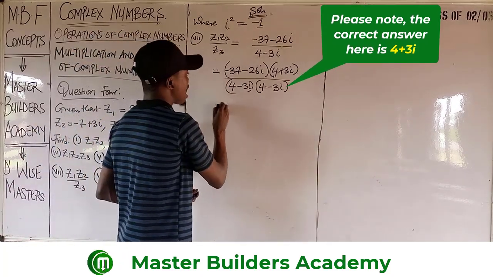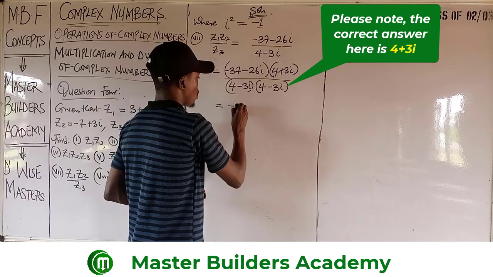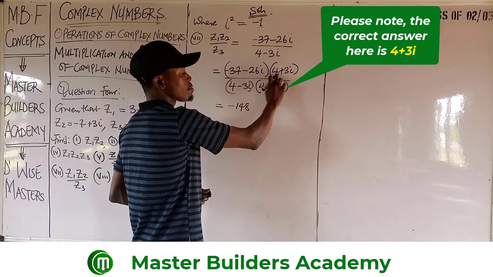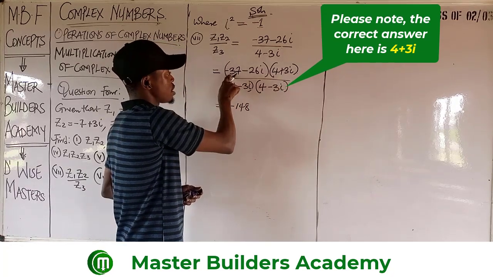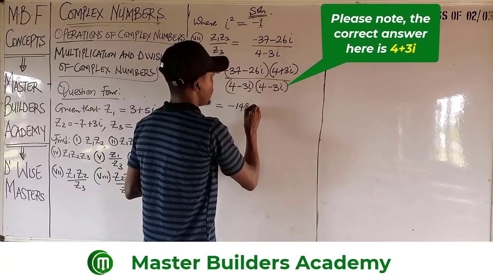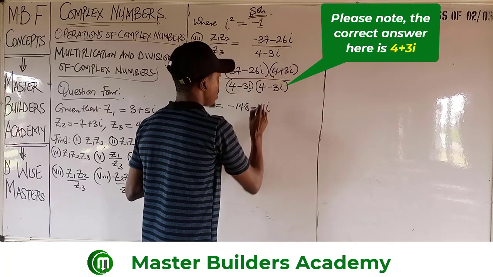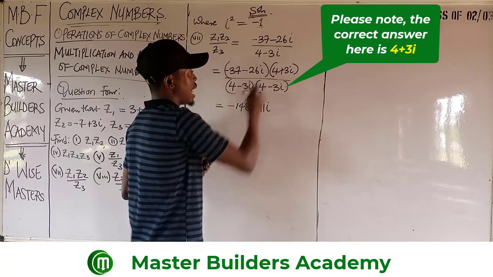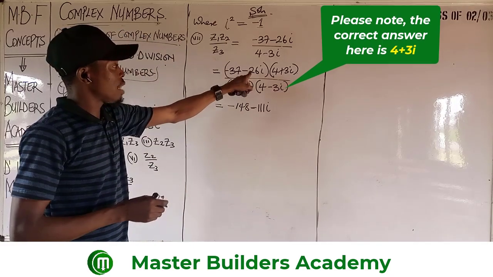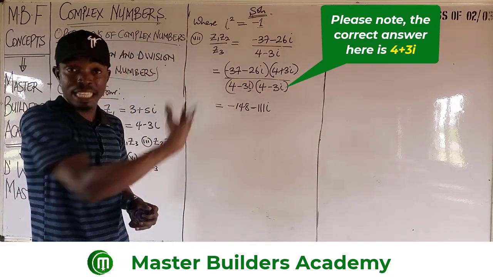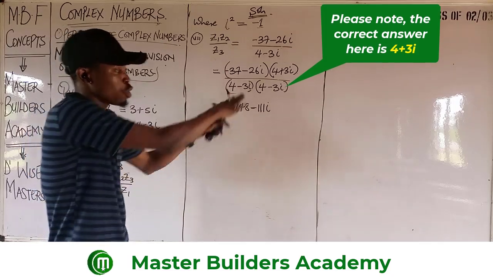And then when we multiply out, this will give us minus 148, that's minus 37 multiplied by 4. And then minus this multiplied by this will have given us minus 111i. And then 26 multiplied by 4. Remember, 26 multiplied by 4. We had all of these products before now. Alright, we're supposed to put the result.